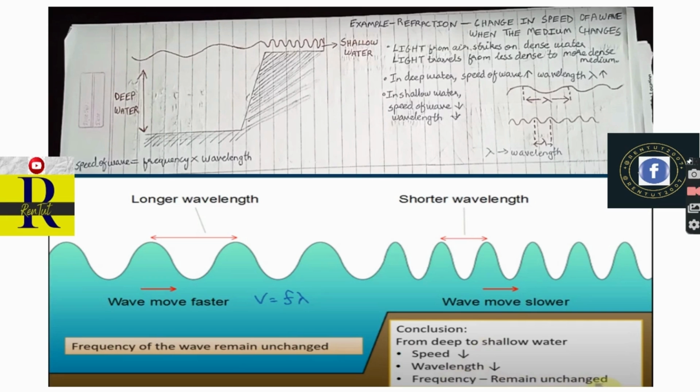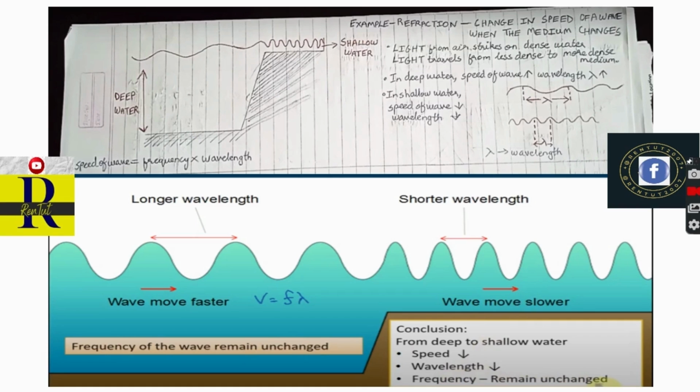So that is the reason why waves in shallow water move slower compared to waves in deep water, which have higher frequency and higher wavelength lambda. If you visualize that V is equal to F lambda, V is on the greater side and lambda is also on the greater side. That is the primary reason why waves move faster in deep water.